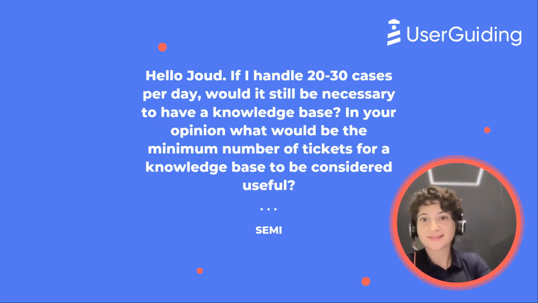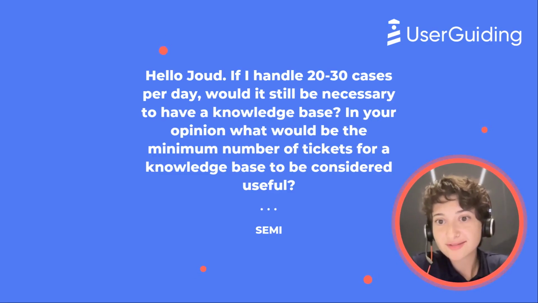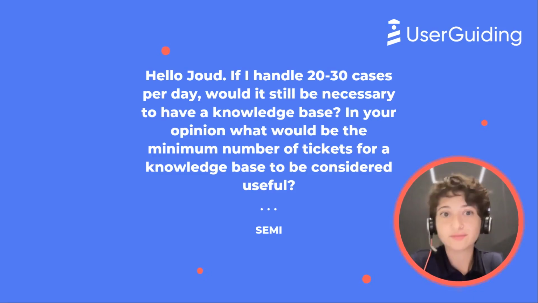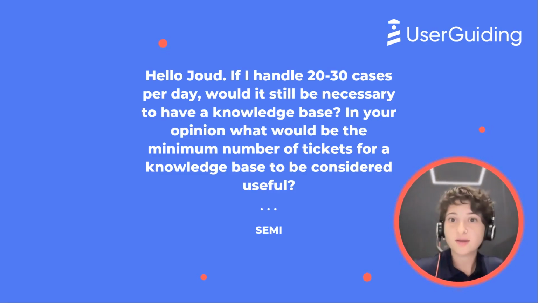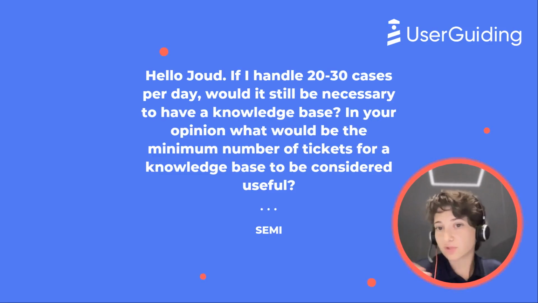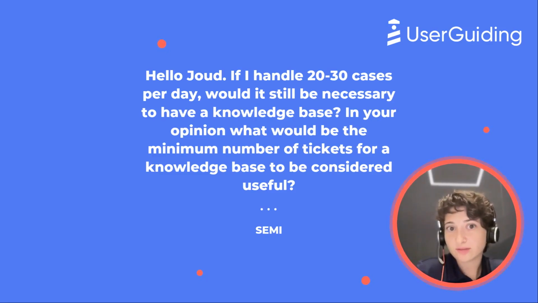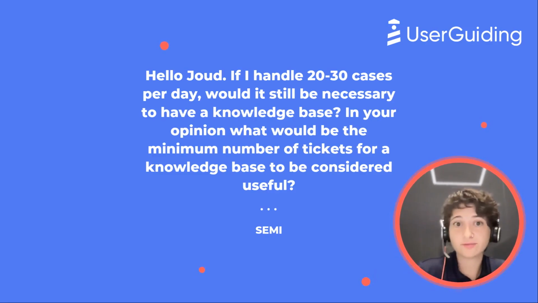Honestly, it depends. If it's 20 to 30 cases per day, are they frequently asked questions? I would say if you're getting at least four or five of the same questions, then yeah, it'll be much easier to just create an article and send them this article: this is where you can find the information. It really depends on the size of your team and the product itself, and whether it could be enhanced.